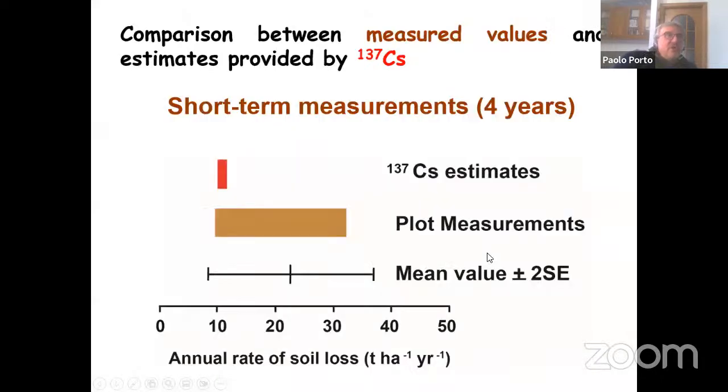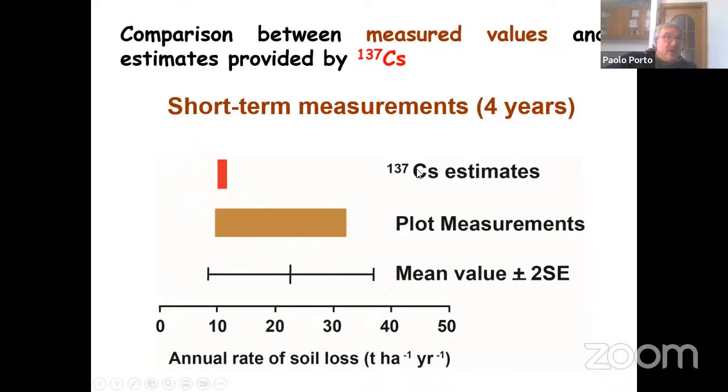Okay, so if we report it in a graph like this, a bar graph actually, we can see that this is the range of soil loss given by plots, and this is the estimate of cesium-137. What can we see from this figure here?